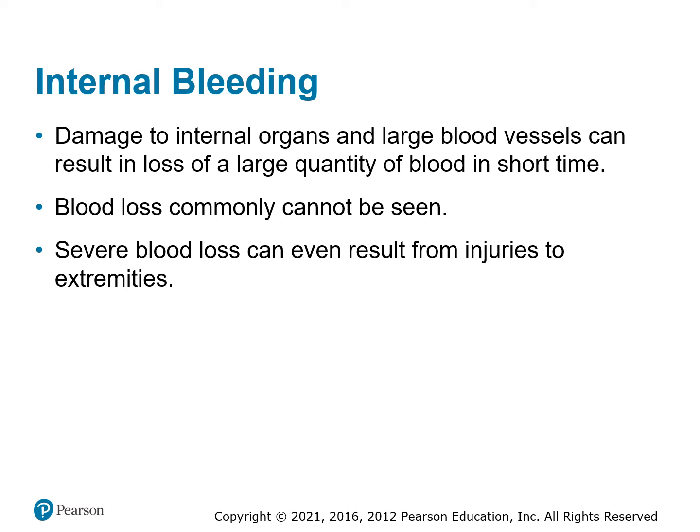So you're not going to commonly see this blood loss. You're going to want to use your assessment strategies and look for signs of blood loss through bruising, distension, rigidity, things like that that can be some of those telltale signs that there could be some internal bleeding.